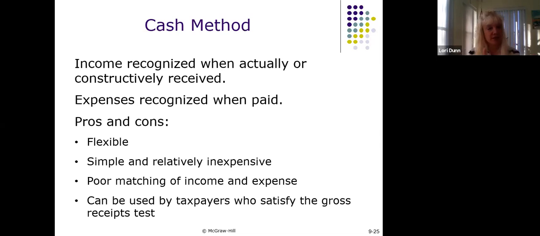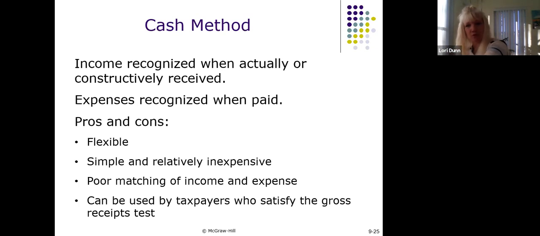Expenses are generally recognized. I'm using the word generally because we're going to have some exceptions, but they're generally recognized when paid. Now, what are the pros and cons? It's a flexible method. It's pretty simple and inexpensive to use, but it doesn't match income and expenses like we do in our financial statements.